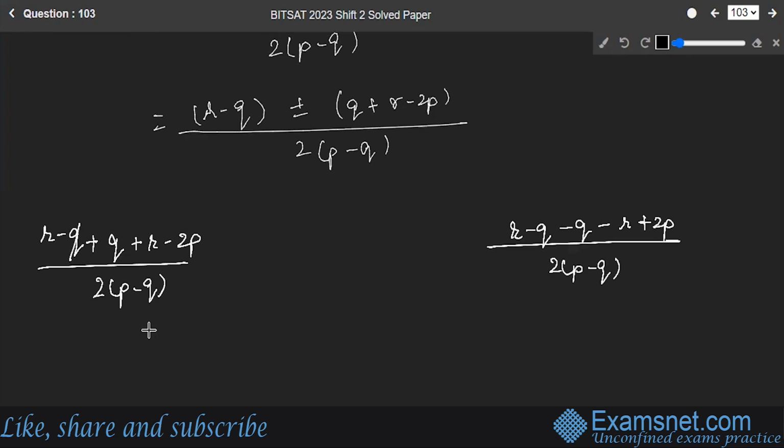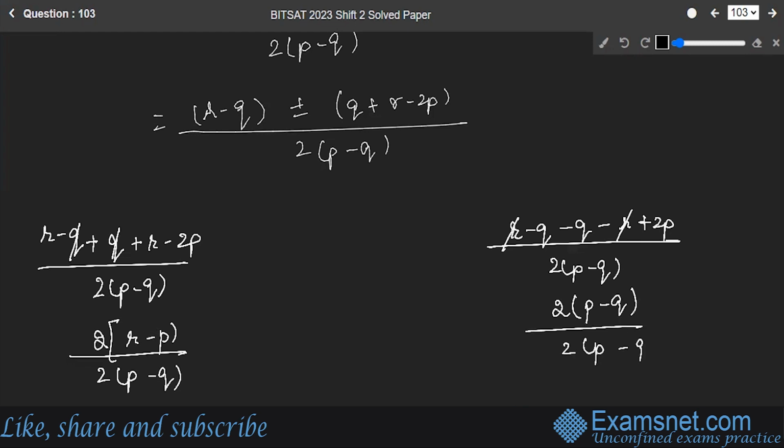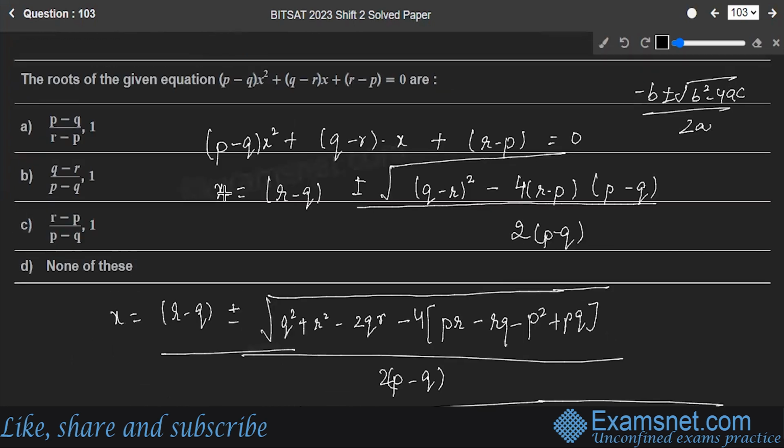Here you will have the cancellations. You have 2r minus 2p, taking 2 common, and here the r and r will cancel. So 2 again common. This will be (p minus q) upon 2(p minus q), which is equal to 1, and the other is r minus p upon p minus q. So this is the answer. Let's check with the options. R minus p upon p minus q, you have option C as the right answer.